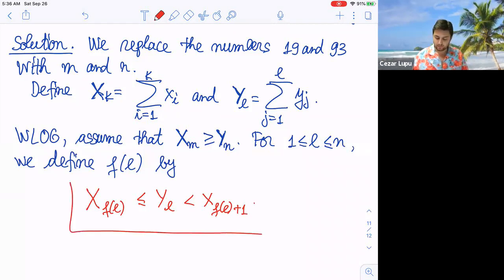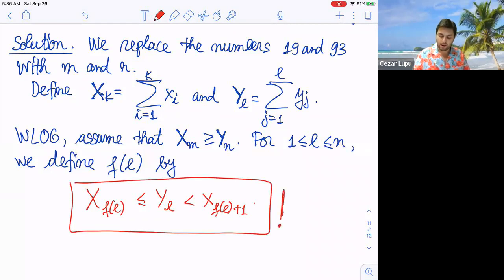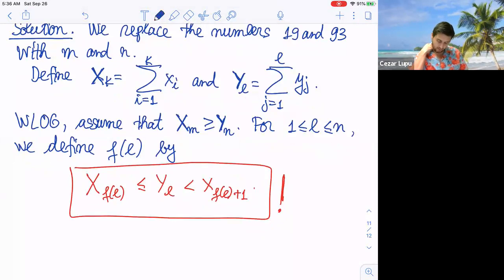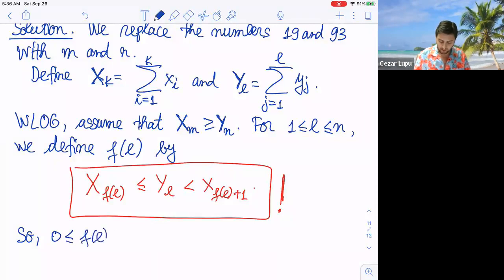So by this I will define. And now, guess what happens? Well, because of this condition, it follows that f of L is between 0 and m. So 0 is less than f of L, and it's less than m. Well, that's obvious.